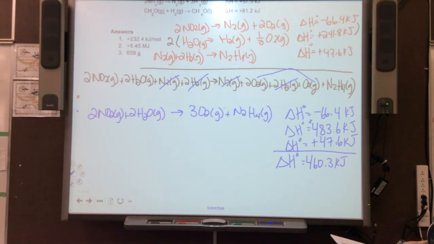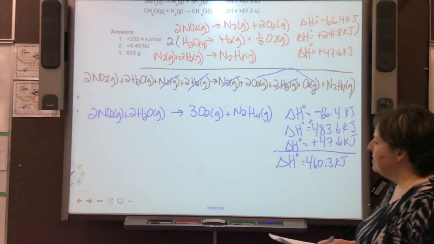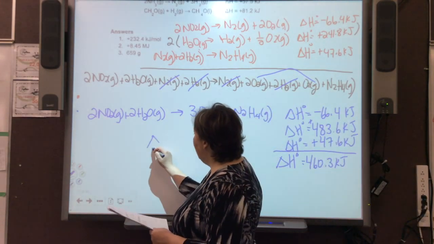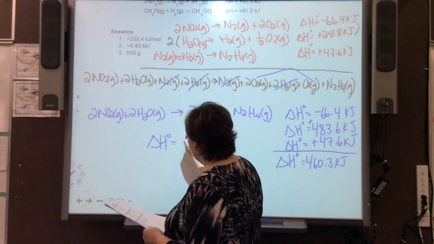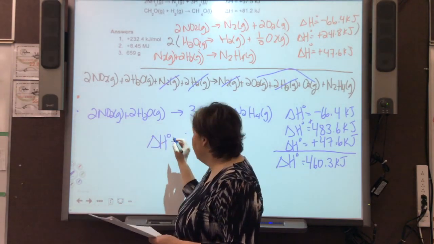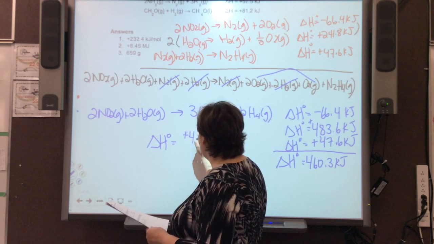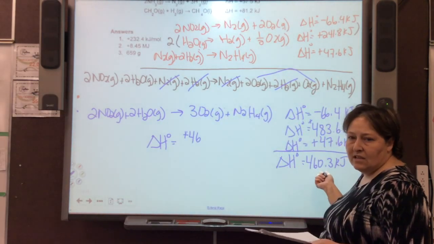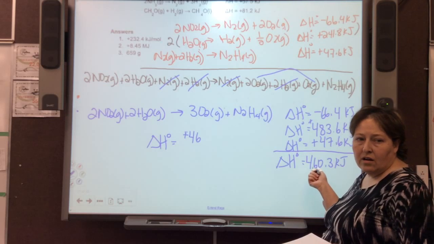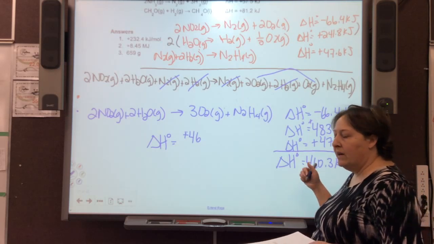Oh, so this is the overall net enthalpy for that reaction. It's asking us for NO2. So now we take this value here that we have for our balanced reaction. And Jaden's saying he's getting a different answer. I got 464.8.